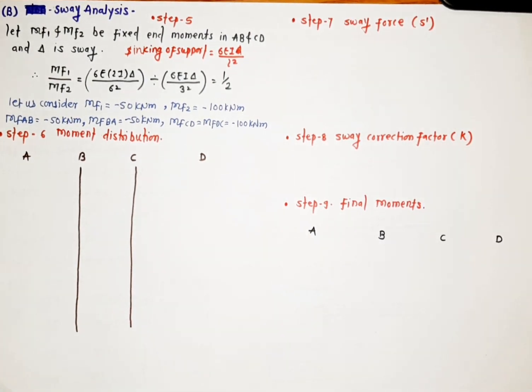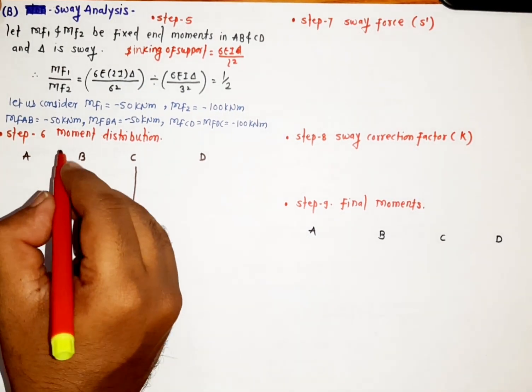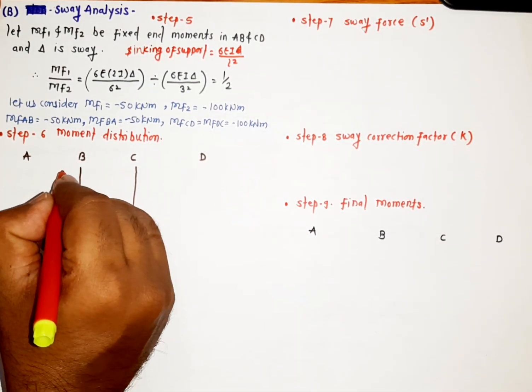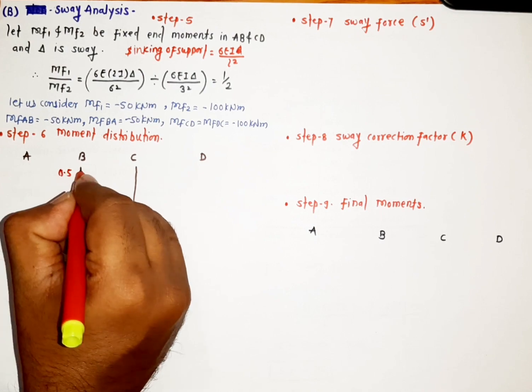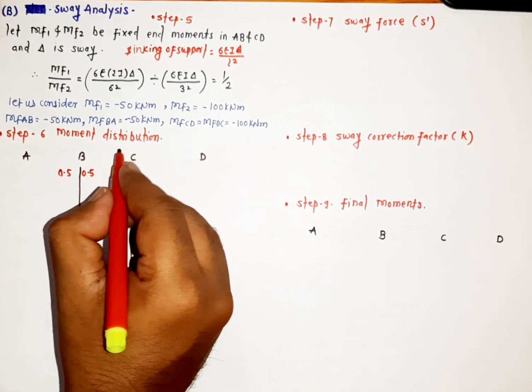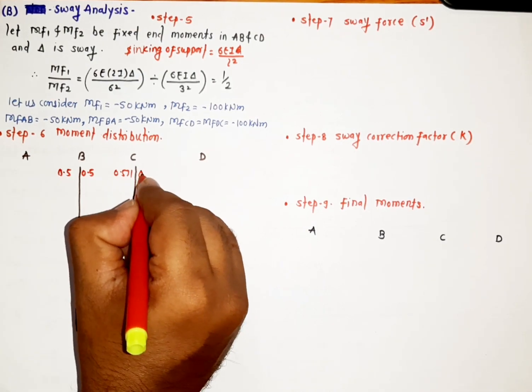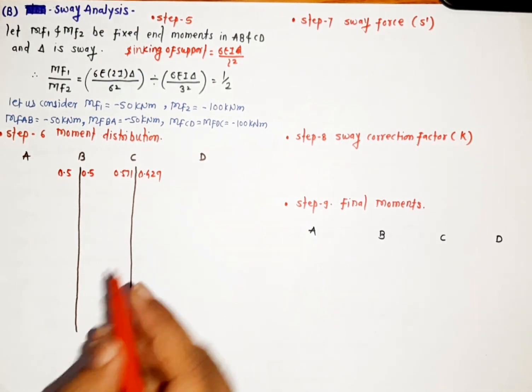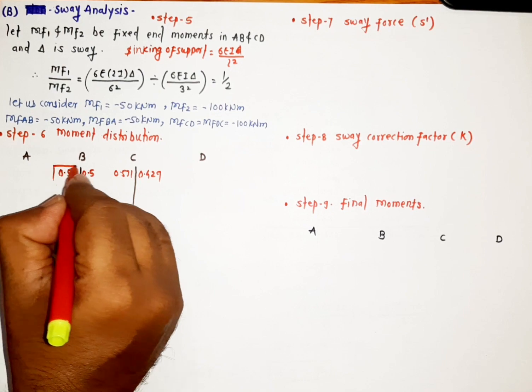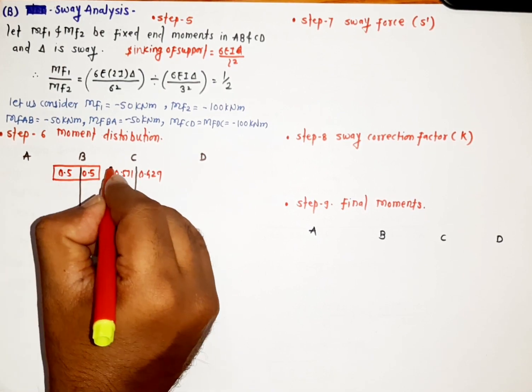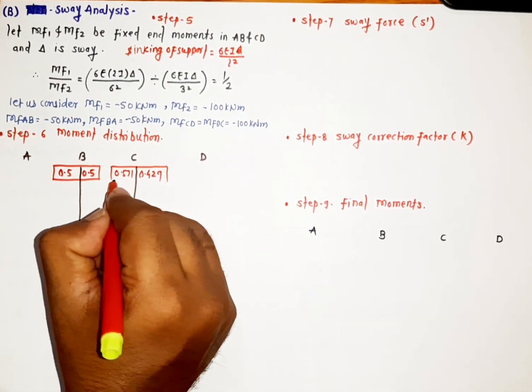At B the distribution factors we have to use are what we already found, that is 0.5 and 0.5. This is 0.571 and this is 0.429. So these are the distribution factors at joint B and at joint C.